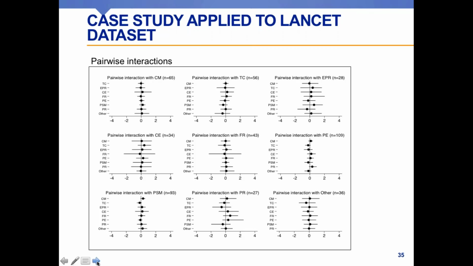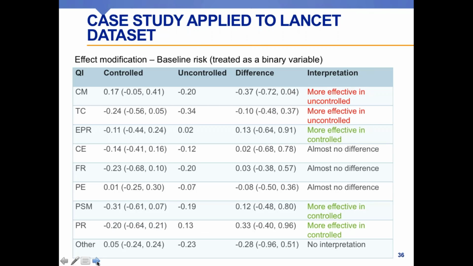We also explored effect modification by the population factors. As Jeremy showed, there did suggest in the Lancet that baseline HbA1c was modifying the treatment effects. So we essentially reproduced that in the hierarchical model by including a binary covariate with baseline risk.